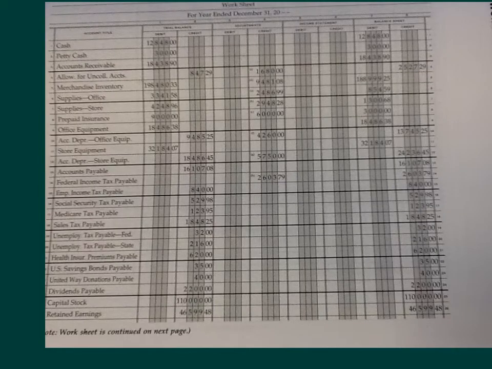When preparing your balance sheet, you're going to use the worksheet that was given in Section 1, which is shown here, and you're also going to be using your statement of stockholders' equity from Section 3, tying it all together. In your worksheet, the current asset section is going to begin with cash down through prepaid insurance.